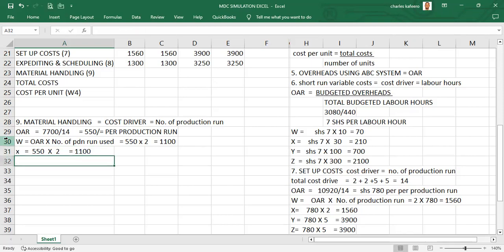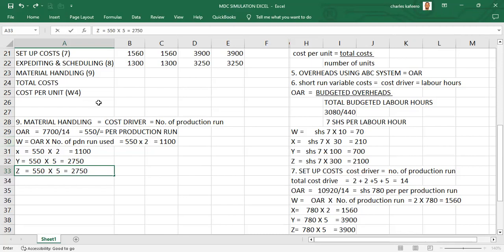Then we go to product Y, which is the OAR, 550, multiplied by the number of production runs, which are 5, and this will give us 2,750. We do product Z, which is the OAR multiplied by the number of production runs, and this will give us 2,750.